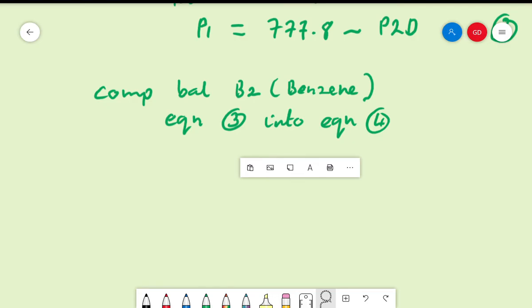So now we need to go and find P2D. So now we just substitute these equations.